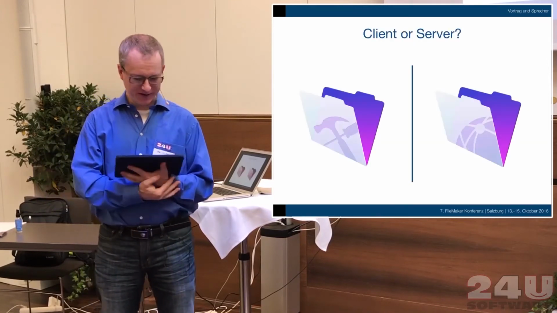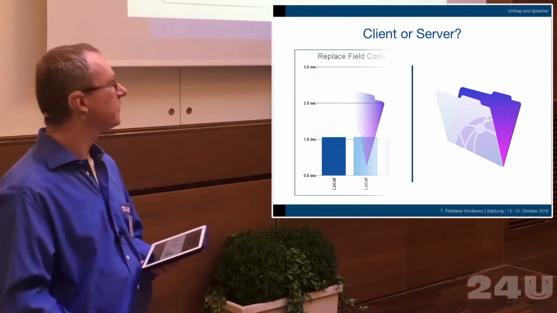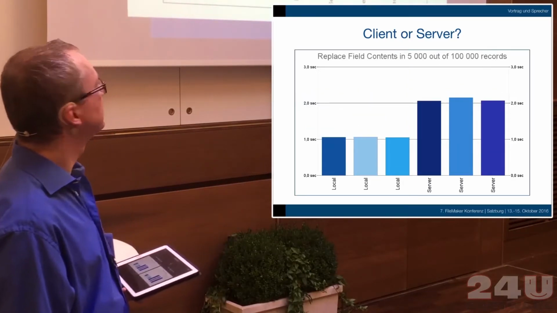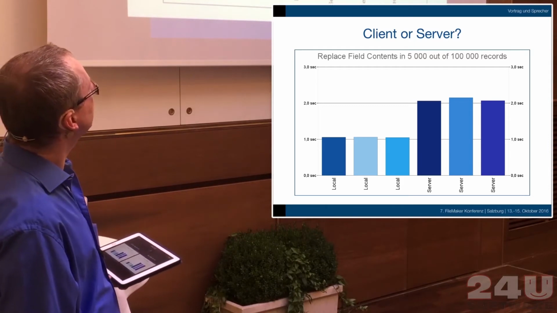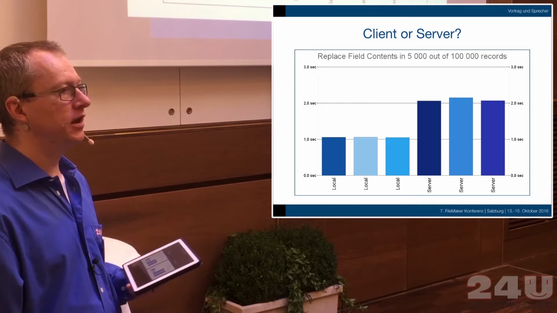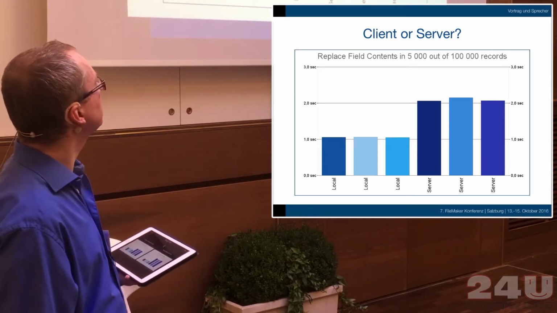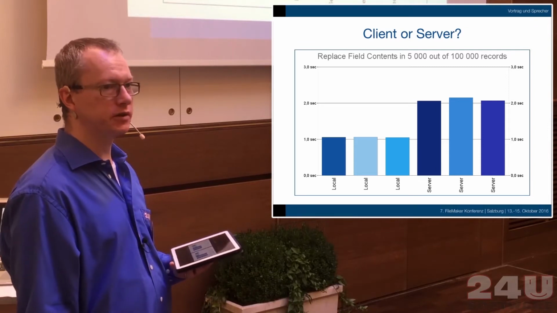So, what do you think is faster, client or server? Few tests. To be exact, all this was locally running on that machine because in the case of testing server, I was using perform script on server to run the test.